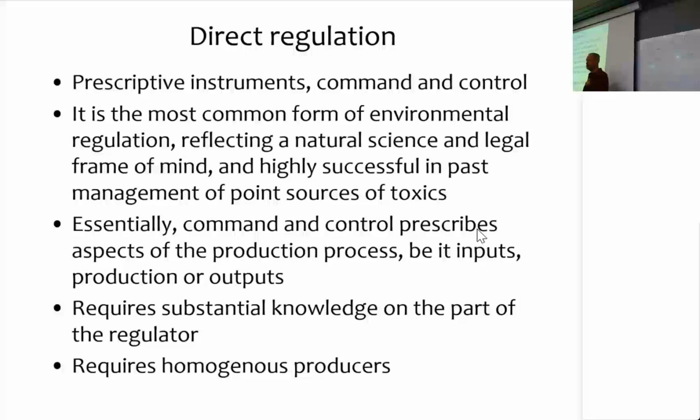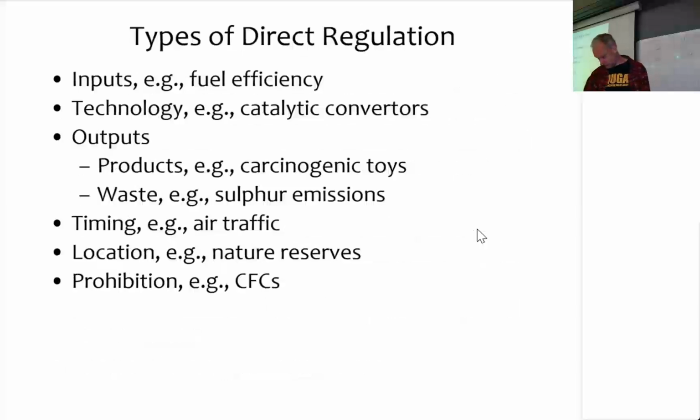So if you have sort of homogeneous products, homogeneous production, and you have a regulator who can invest the time to actually come up with something smart, then direct regulation works. If you're talking about more diffuse problems where it's very diverse what people do and how people do it, it is much, much more difficult to acquire the knowledge necessary to do so.